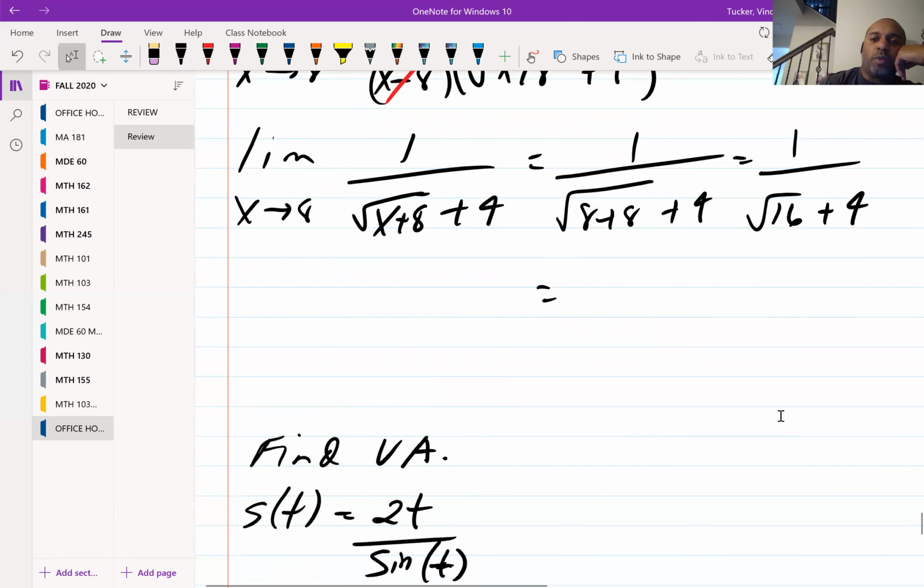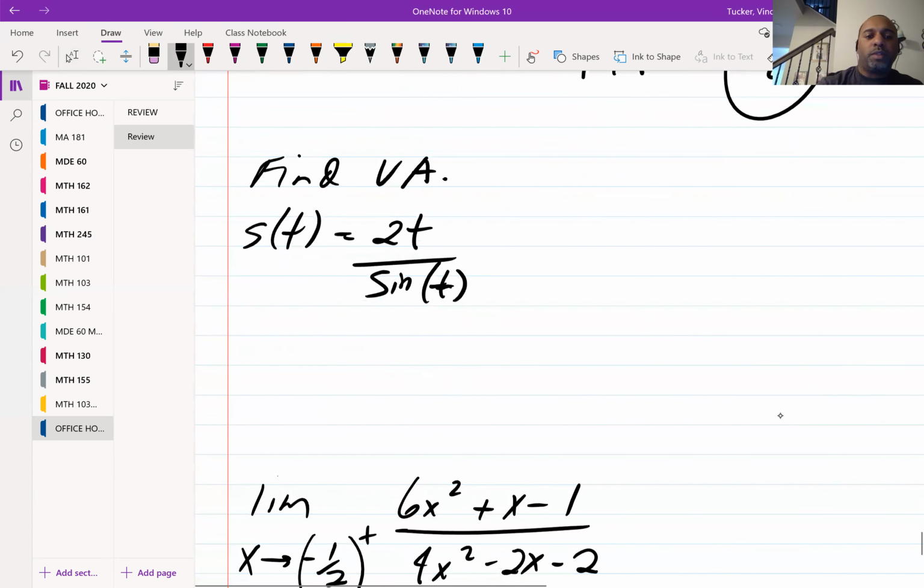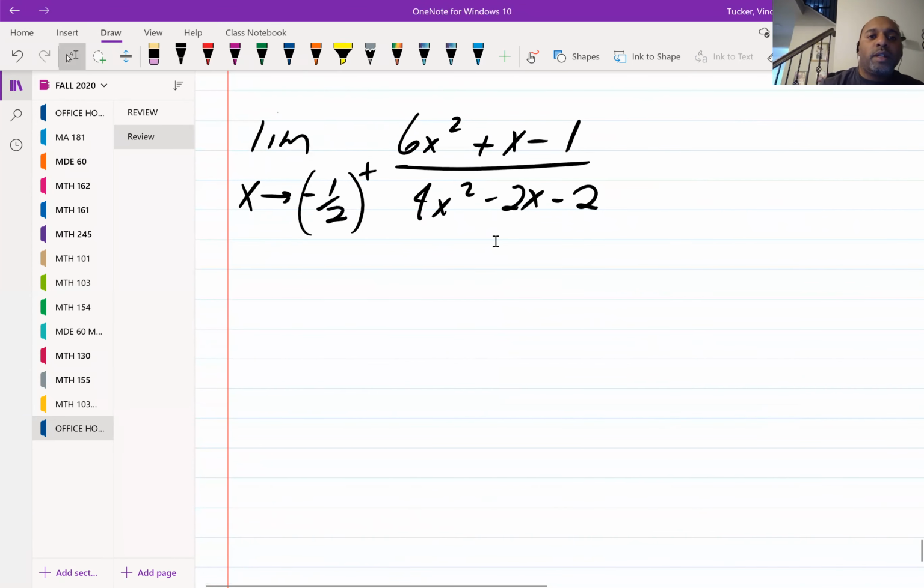Square root of 16 is 4. 4 plus 4 is 8. So that's our answer, 1 over 8. All right, let's look at the next one. Let me make room. Got all this stuff, needed more room than I thought.